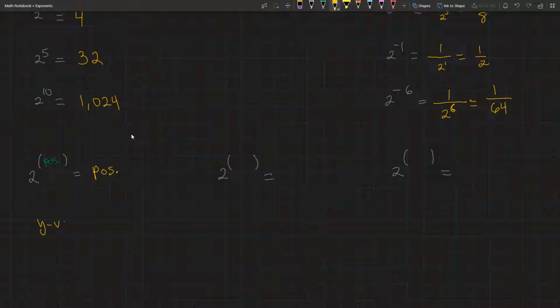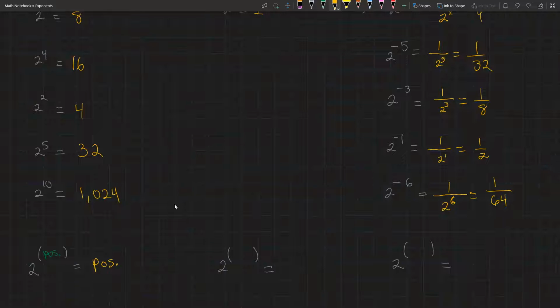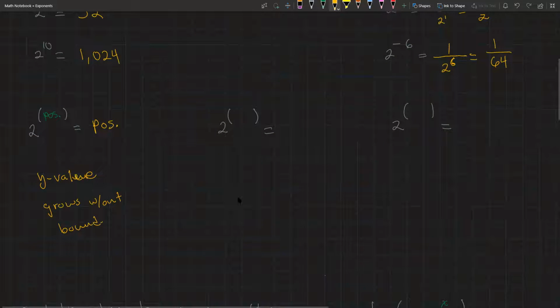We say the y value grows without bound. In mathematical terms, we say it's growing towards infinity. It will never be limited.